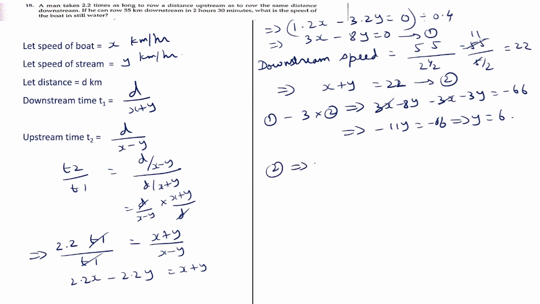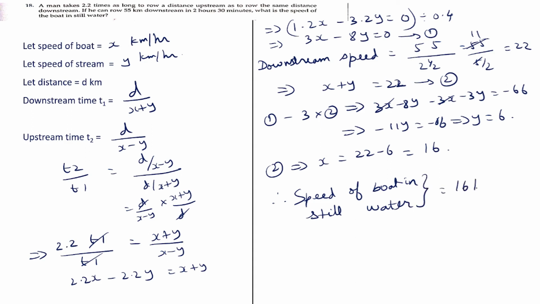So from 2 we can find x as 22 minus 6. So it is equal to 16. Therefore, speed of boat is 16 km per hour.